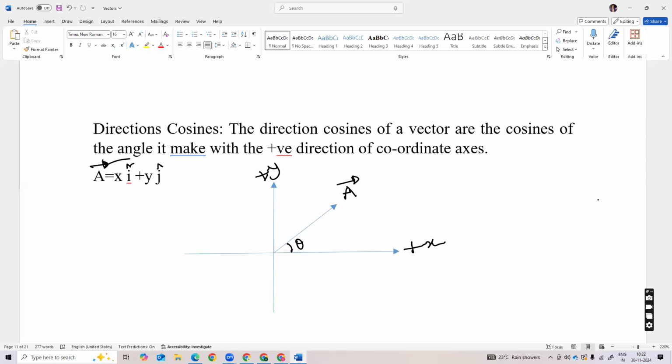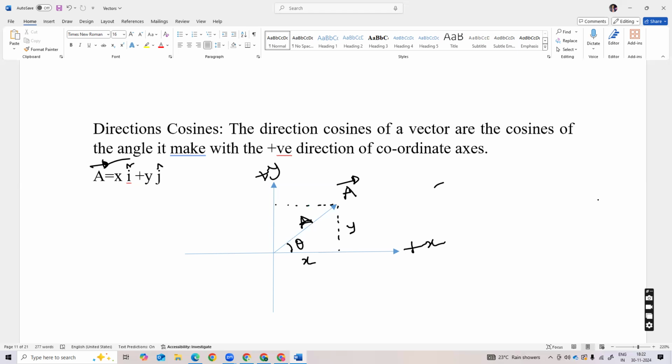Again we will go to the Pythagoras theorem, and make right angle triangles. If this angle is theta, let's say this distance is x, this distance is y, and this magnitude is a.